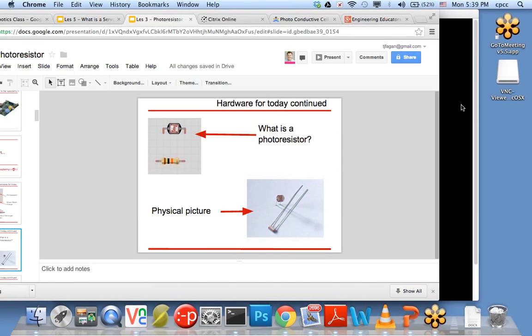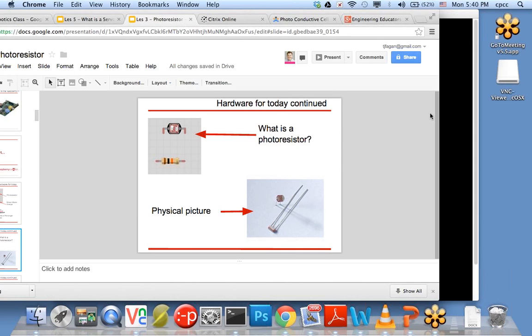I'm going to lower everybody's hand, and let me know if you have any questions, and we'll go back and forth trying to figure all of this out. I've talked about a photoresistor. I said it was an LDR, and I said it was some sensor. So we know that it's a sensor, but what else is it?